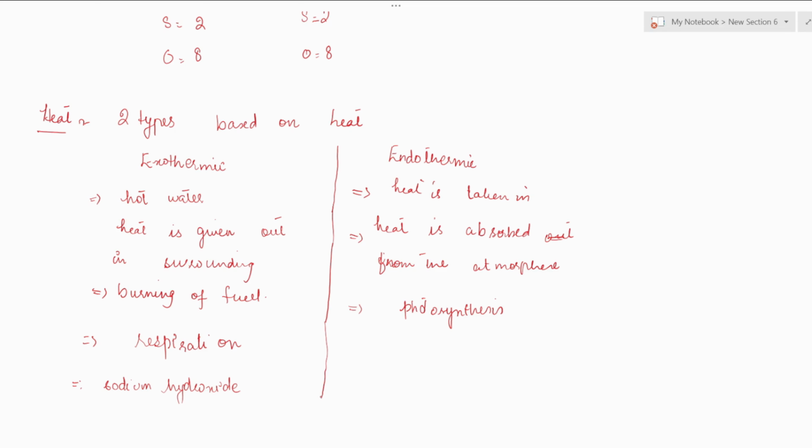And for endothermic, one example is the dissolving of ammonium chloride. If you dissolve this salt in water, the water becomes really, really cool. You will feel the difference. Do you know what heat packs and cold packs are?